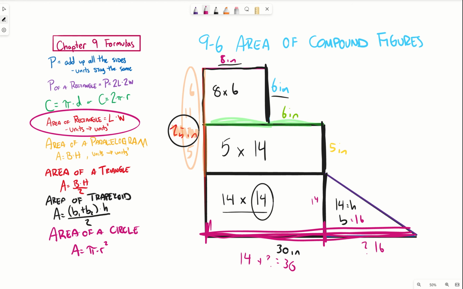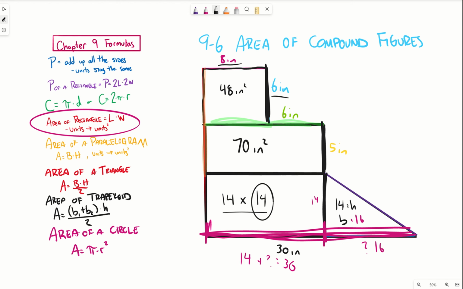Now, remember, all these things are not to scale. So yes, my drawing is not perfectly accurate. It's fine. It happens. But we can still do the math with the numbers we have. All right, so now let's find the measure of this. This is 8 times 6, which is 48 inches squared. Down here we have a 5 times 14, which would be 70 inches squared.